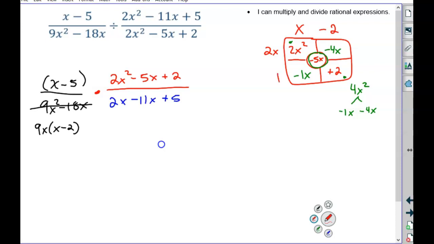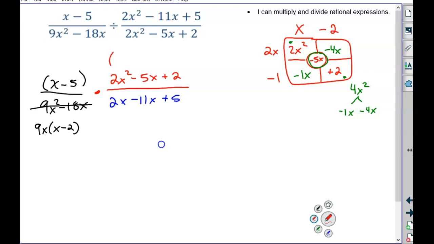On the bottom we have a 1. Now let's say I stopped there. Right? If I don't check, I'm wrong. Because 2x times x is 2x squared, 2x times negative 2 is negative 4x, but 1 times x is not negative 1. So I would have made a mistake here if I didn't remember that that should be negative. And then that makes the last box actually work.